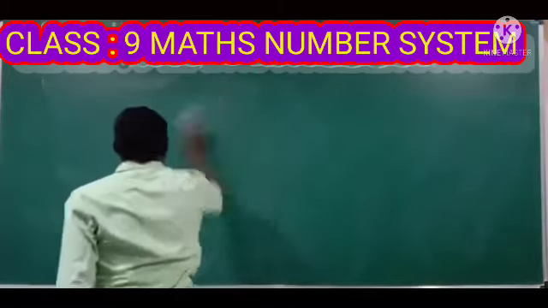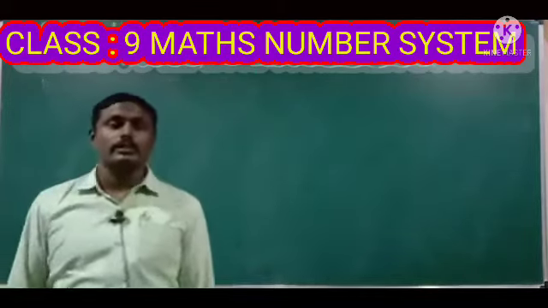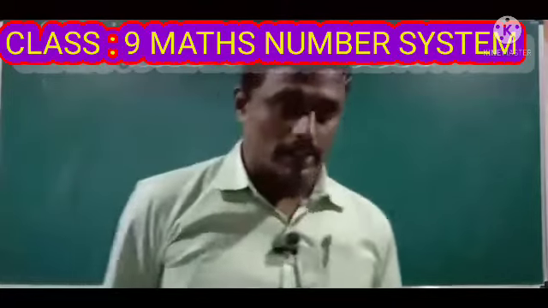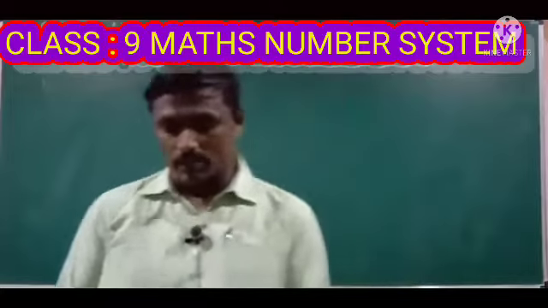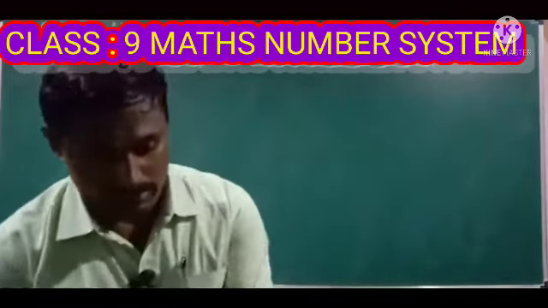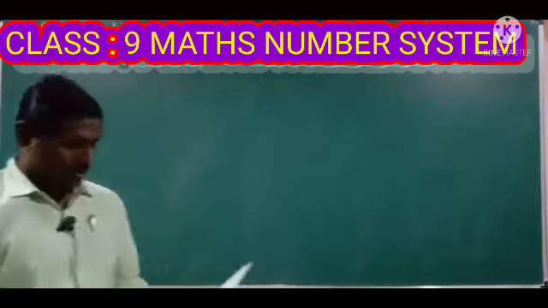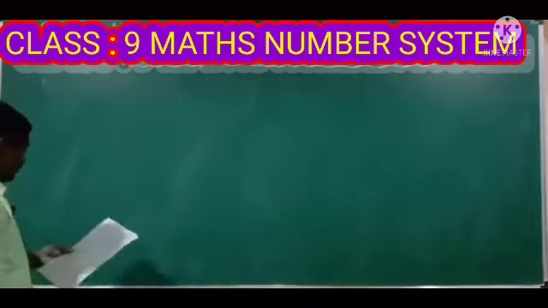Now we move to the next concept: writing rational numbers between any two rational numbers. First one.